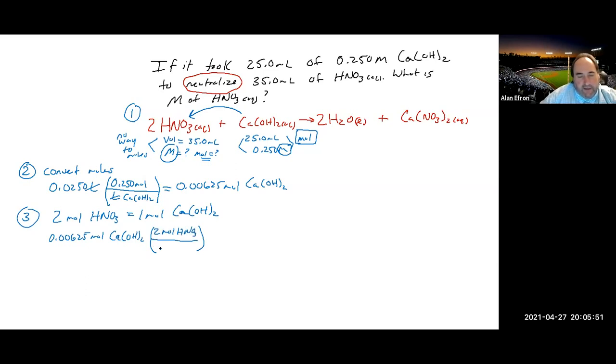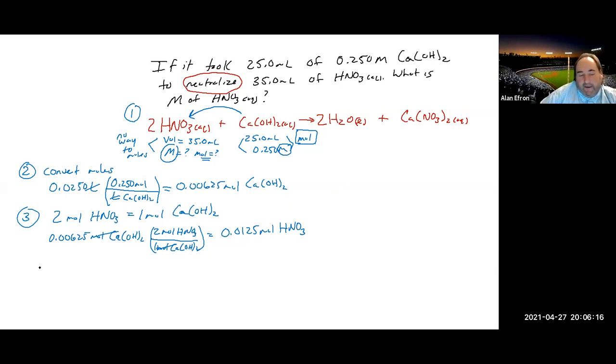The calcium hydroxide goes on the bottom, so it cancels. Multiplying by 2 gives us 0.0125 moles of nitric acid. Any questions up to there?